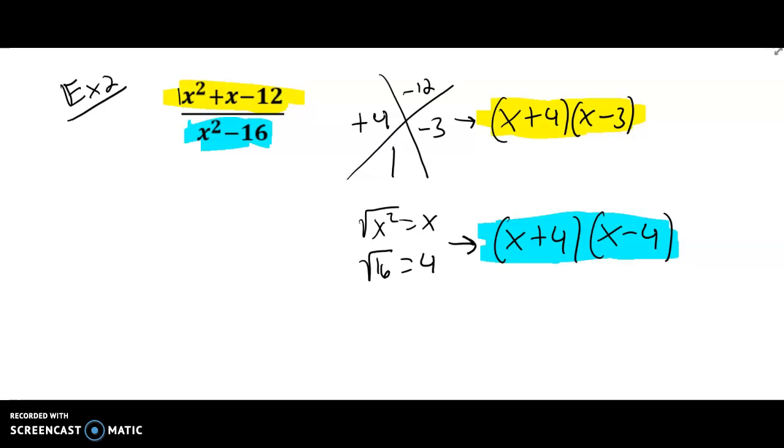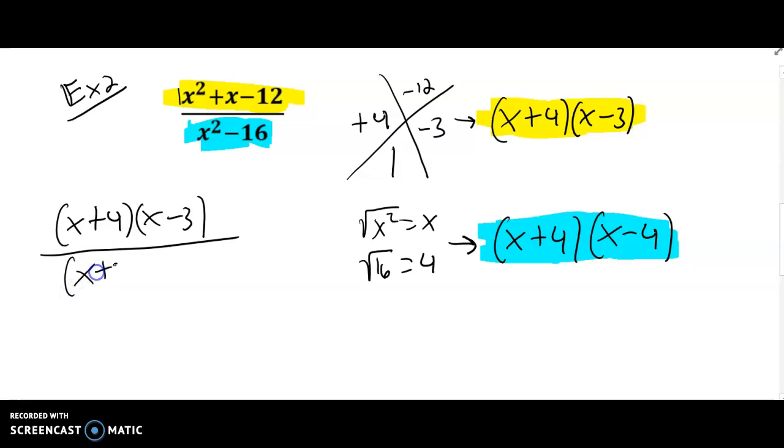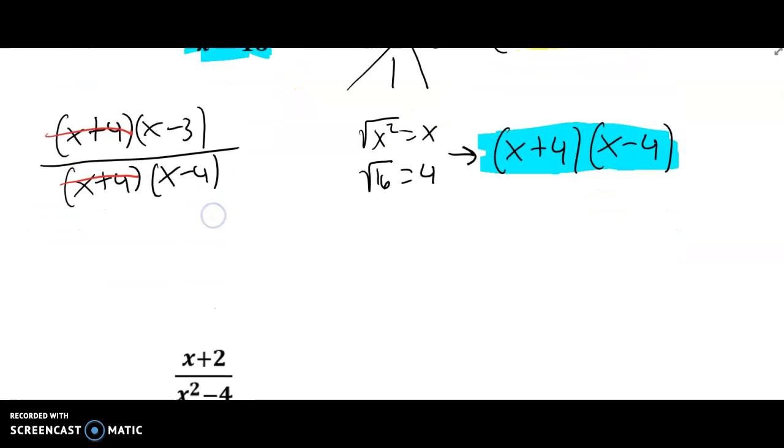Okay, now we're just going to plug these guys back in. Yellow with yellow, blue with blue. I've got x plus 4, x minus 3, over x plus 4, x minus 4. Great. The x plus 4s will cancel, and then we're just left with x minus 3 over x minus 4 as our final answer.